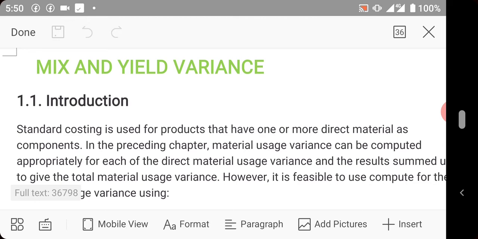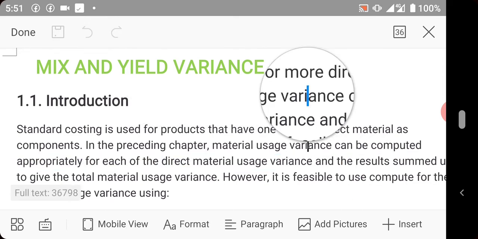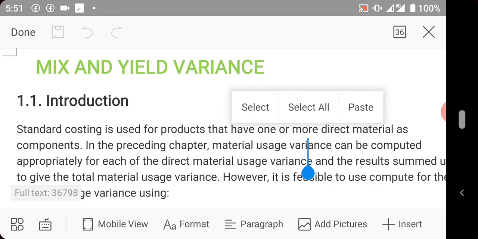Now, what if there are 2 or more direct materials in the company? How do we get their material usage variance? To get the total material usage variance, we have to compute the usage variance for each direct material and sum them up to give us the total material usage variance.